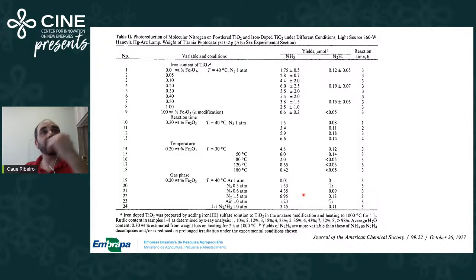So we have a long history about this, but the evolution of this research is only very recent.